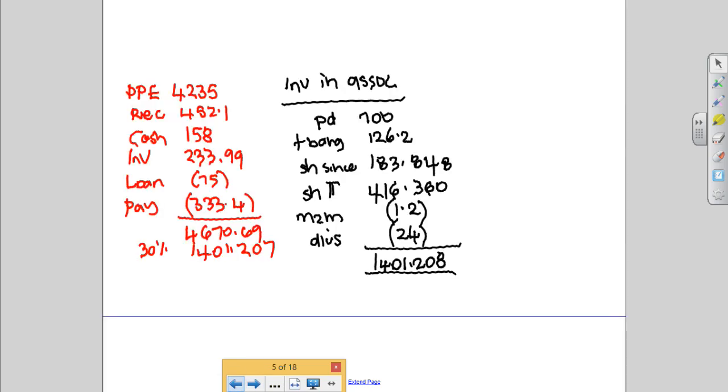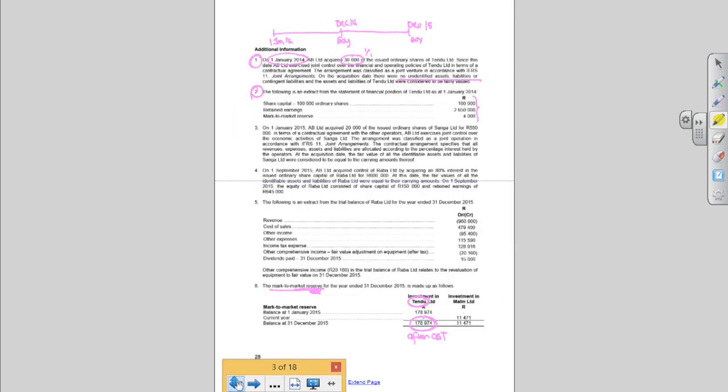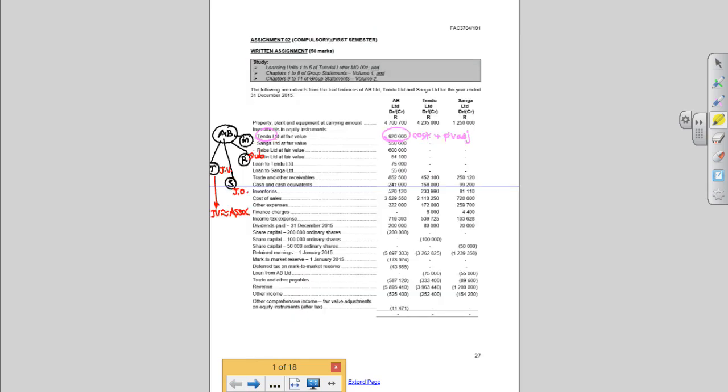Yeah. So what we needed to do today was to finish this statement of changes in equity, and I think we had done a little bit of what goes into that statement. If we just go back here to the trial balance, we can see that there's a mark to market, retained earnings, share capital, and there would be NCI.